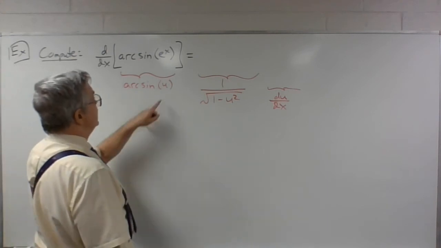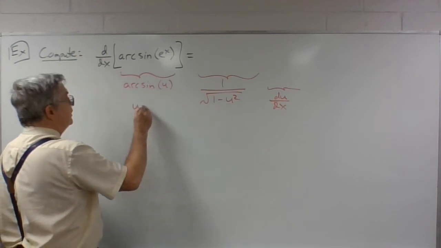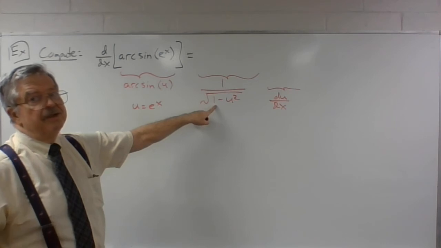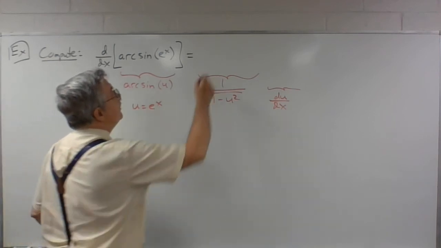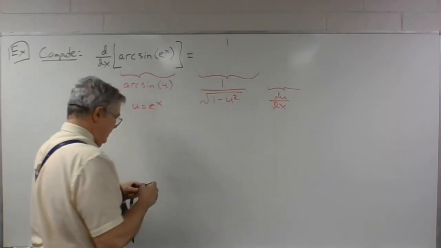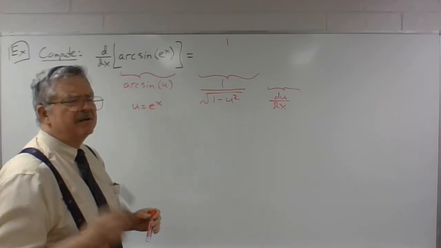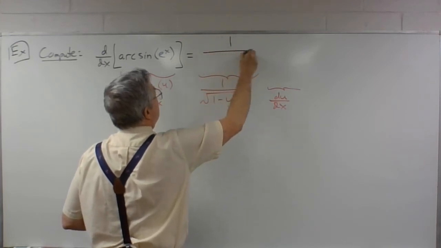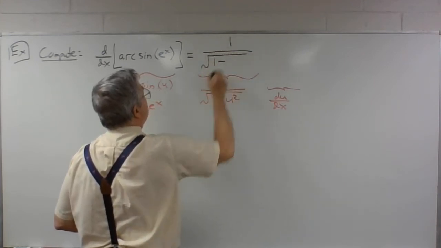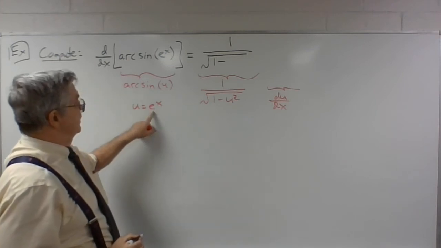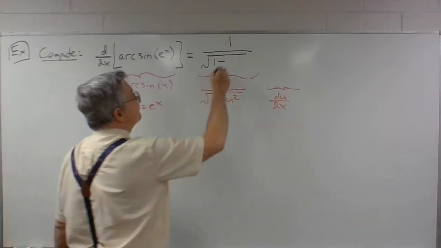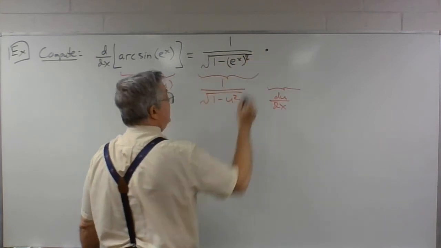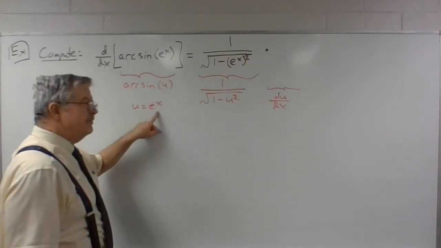Okay, we know what u is. u is equal to e to the x. Just fill in the blanks, but fill them in with black pen. 1 over square root of 1 minus u squared, where u is e to the x, times the derivative of u.